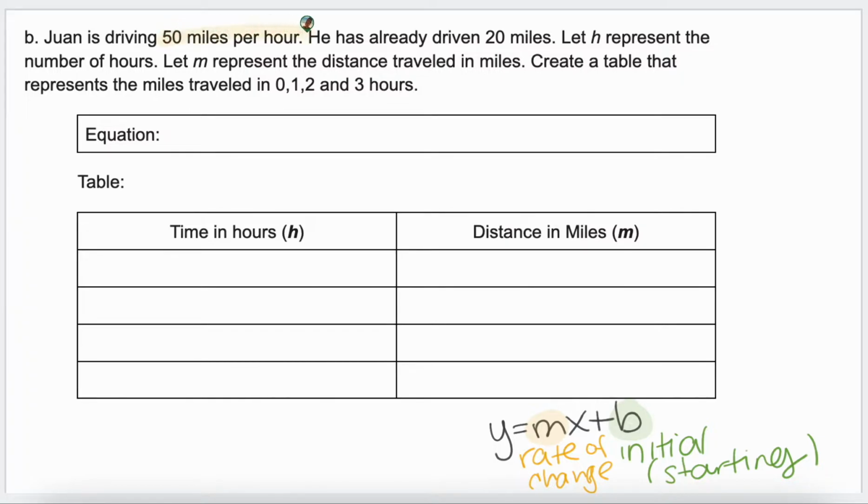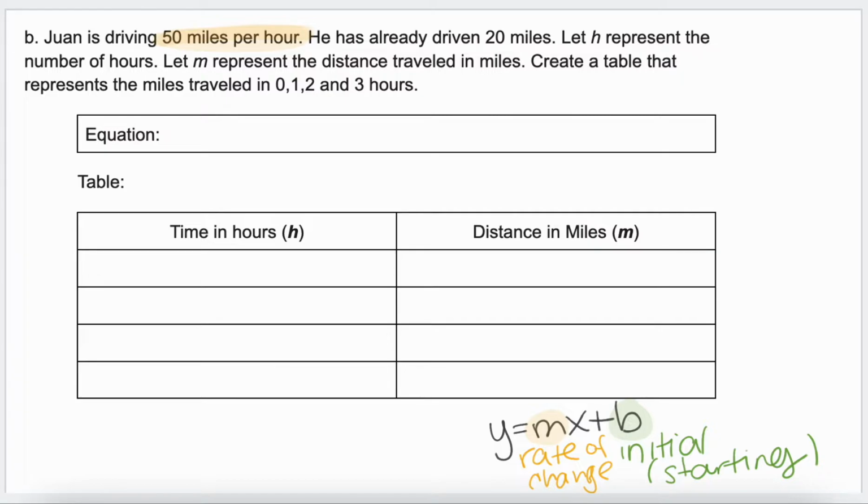miles per hour. Okay, anytime you see that word per, like miles per hour, cost per minute, blocks walked per week, or amount of money spent every month, that's a rate, right? That's a consistent amount that's increasing or decreasing by the same amount each time.